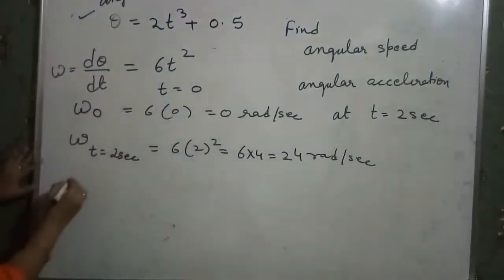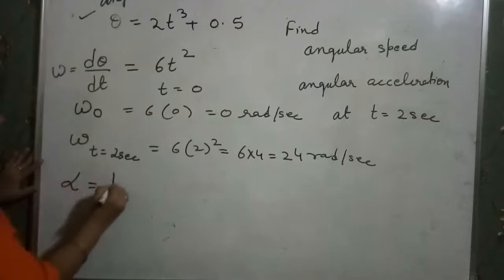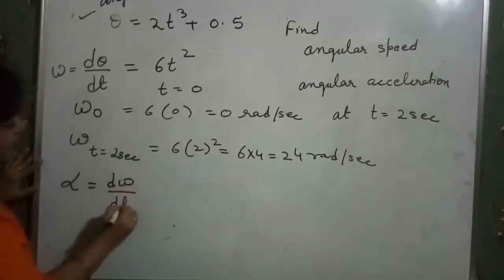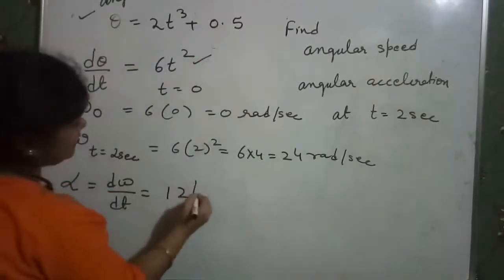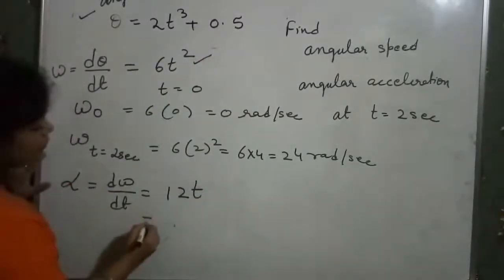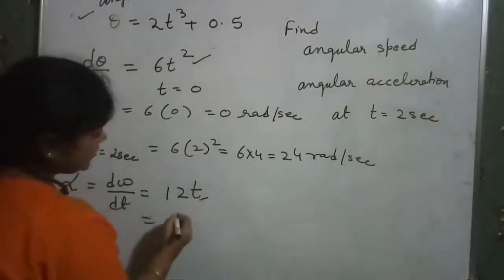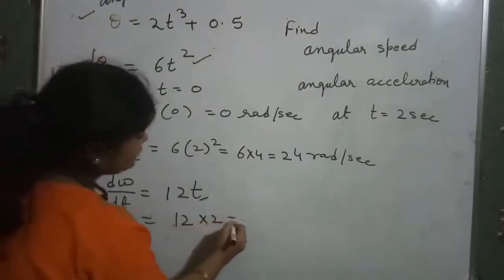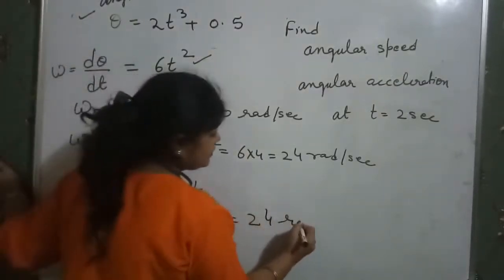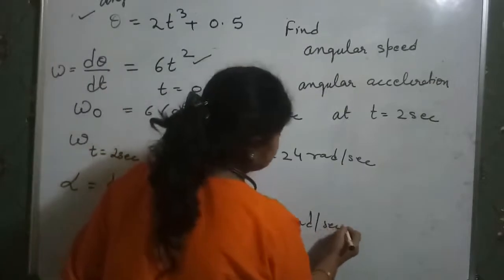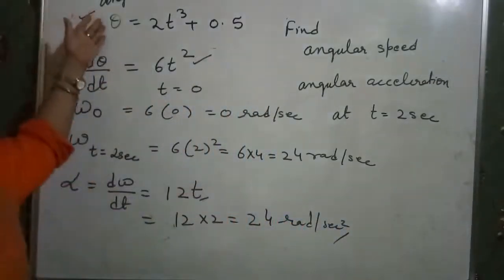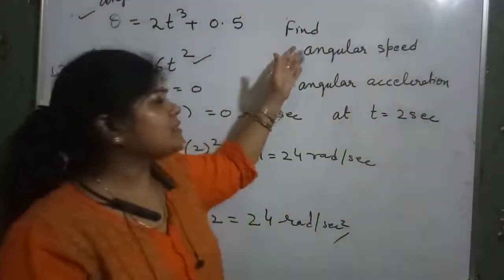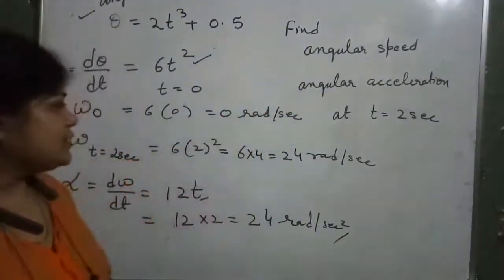Now angular acceleration, that is alpha, is equal to d omega by dt. So we again differentiate it. We have 6 2s are 12t. Put the value t equal to 2 seconds. We have 12 into 2, that is 24 radian per second squared. So in this way, if angular displacement is given, we can easily find angular speed and angular acceleration.